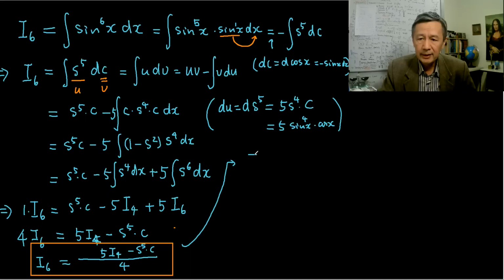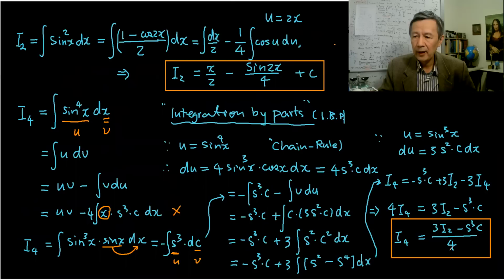We got I6, what we're looking for, equal to 5 times I4. So what is I4? If you can't remember, let's go back. I4 is 3I2 minus S3C. Can you remember that? My memory is getting very bad now, so I have to copy that one.